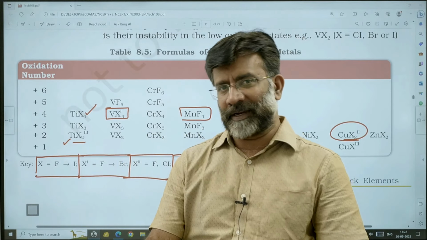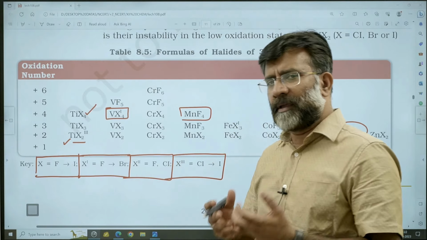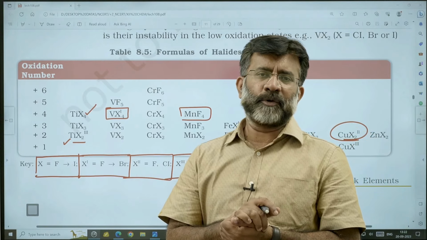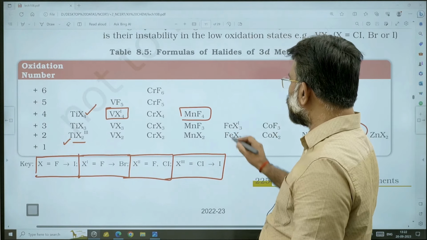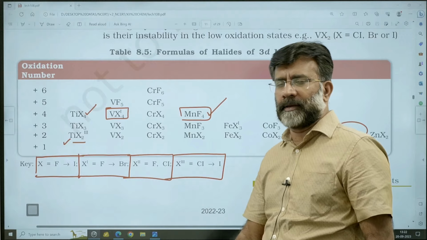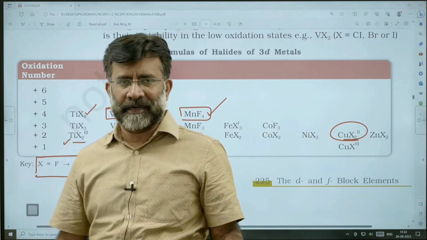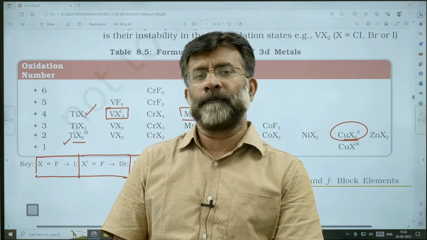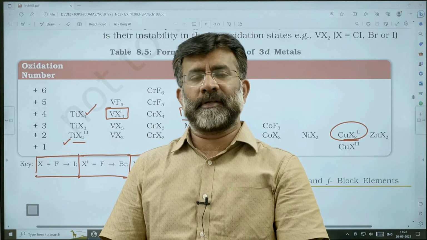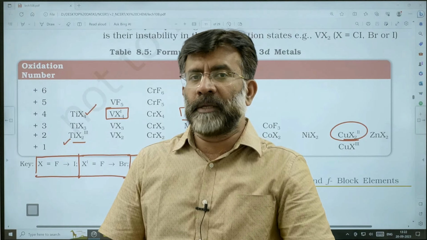In fact, fluorides are well known for bringing elements to the highest oxidation state due to high electronegativity, isn't it? But even fluorides are unable to bring manganese to the highest oxidation state.